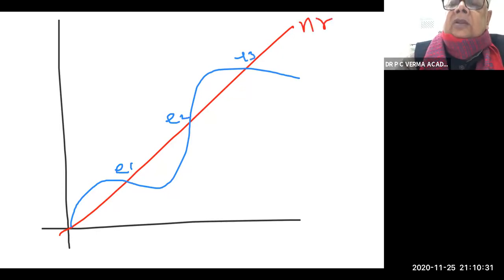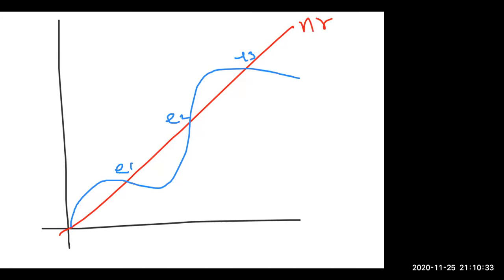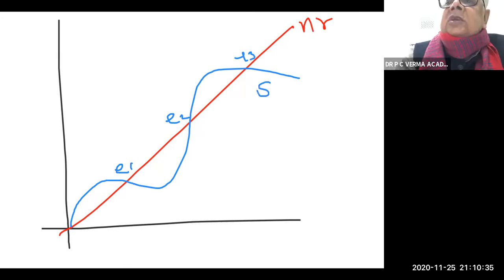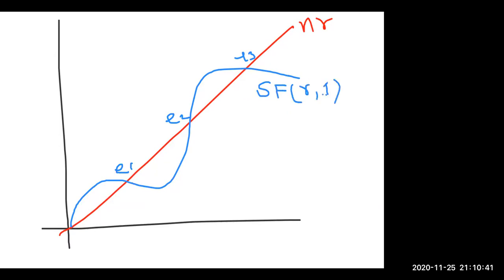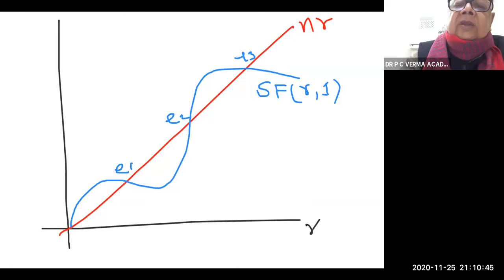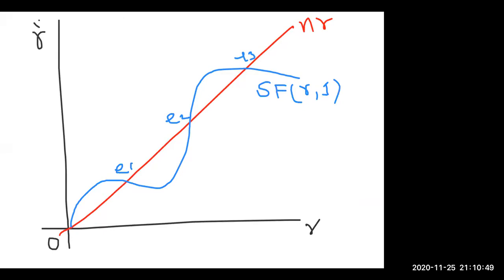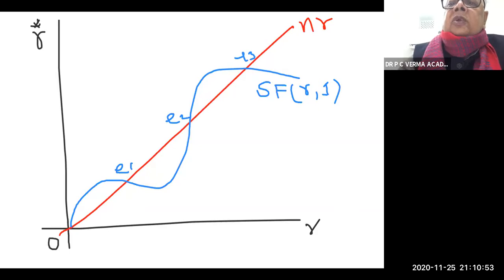This is NR. This is SF R1. This is R. That means fluctuations in capital.